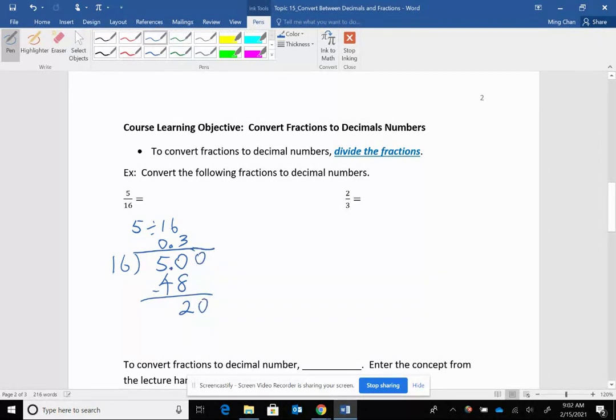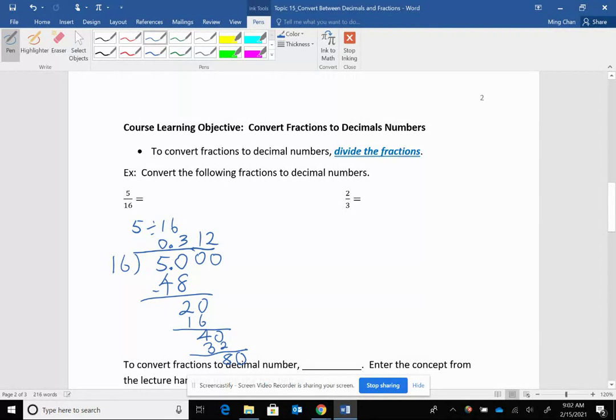So now I'm at the hundredths position. 16 going into 20 one time. So that will be 16. Subtract, that's a 4. Add another 0, bring it down. 16 going into 40 about 2 times, which is 32. All right, subtract, that's 8.